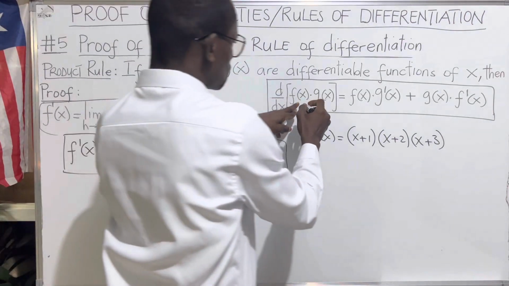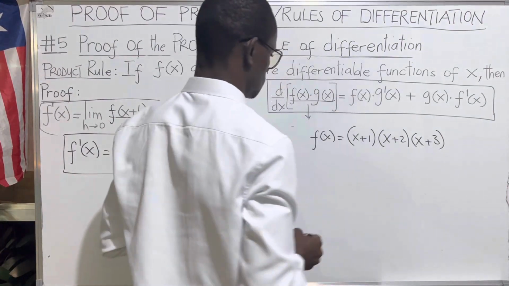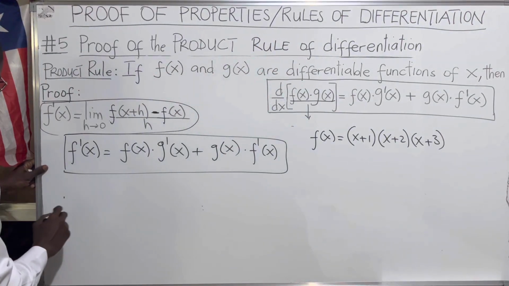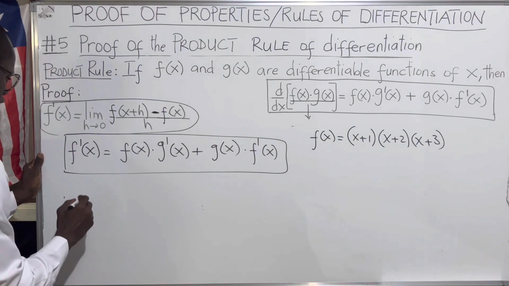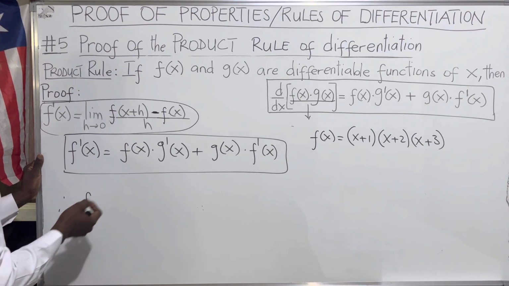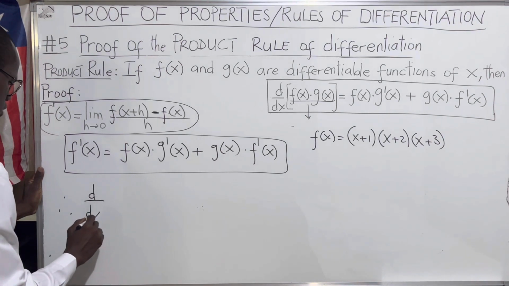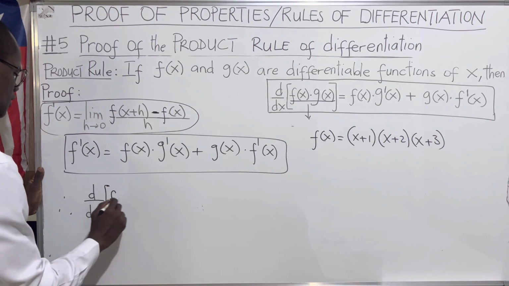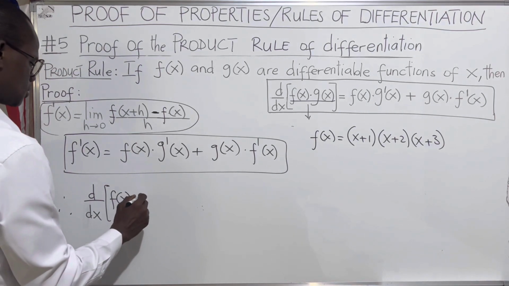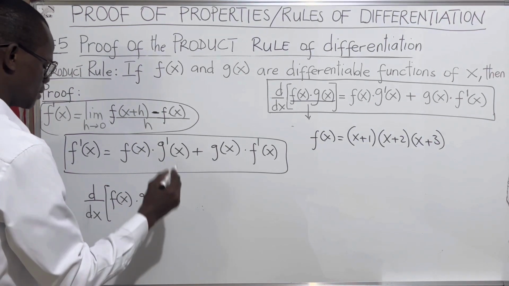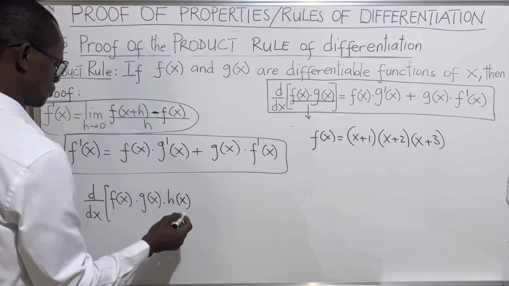And the one we just did has to do with just two factors. So in general, if for instance you have three factors, if you have f of x times g of x times h of x.